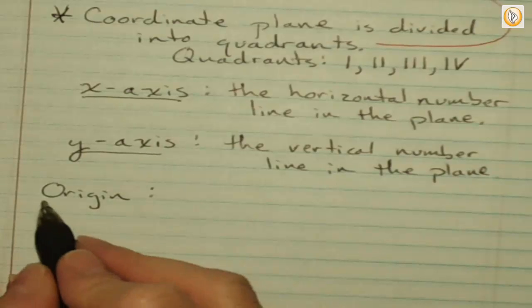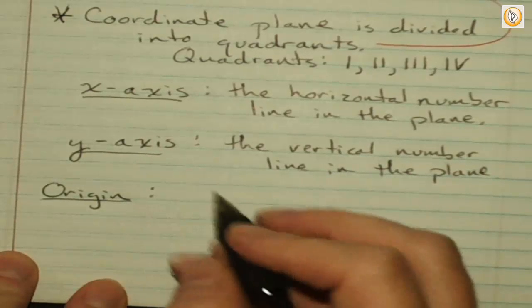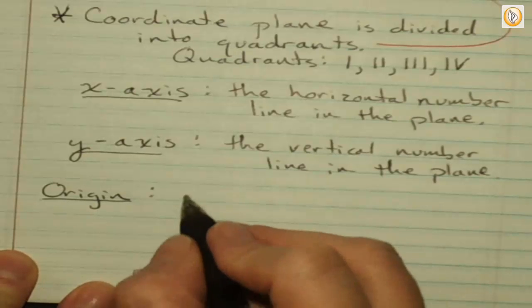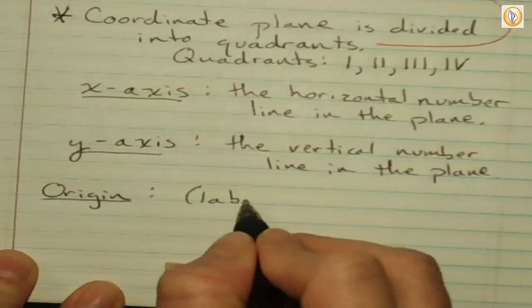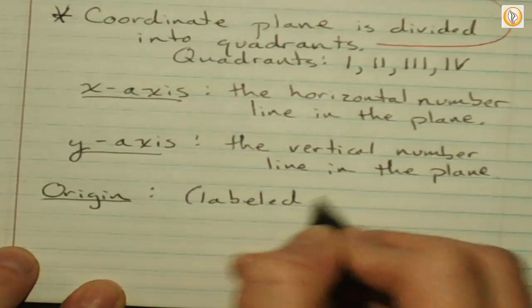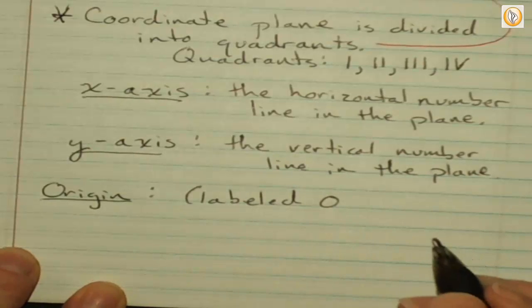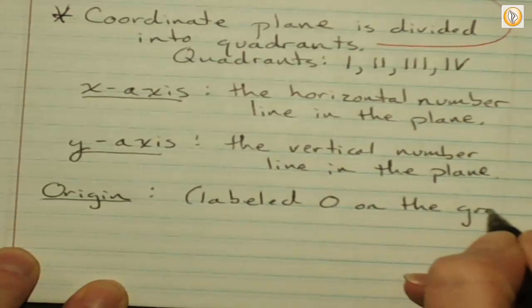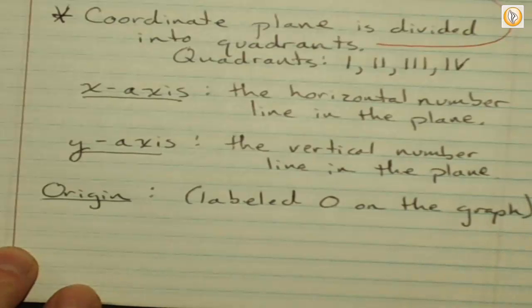Okay, the origin. A lot of this stuff is self-explanatory, but you are still taking notes. The origin is labeled 0. It's smack dab in the middle on the graph, and it is, in fact, 0.